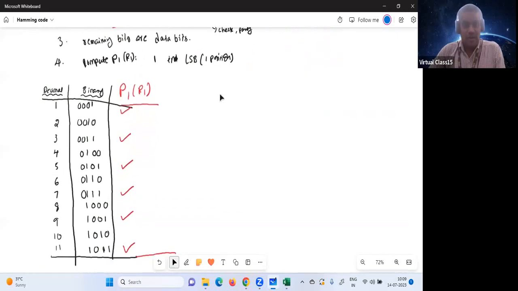We will now focus on the rule for computing the parity bit 2, P2.